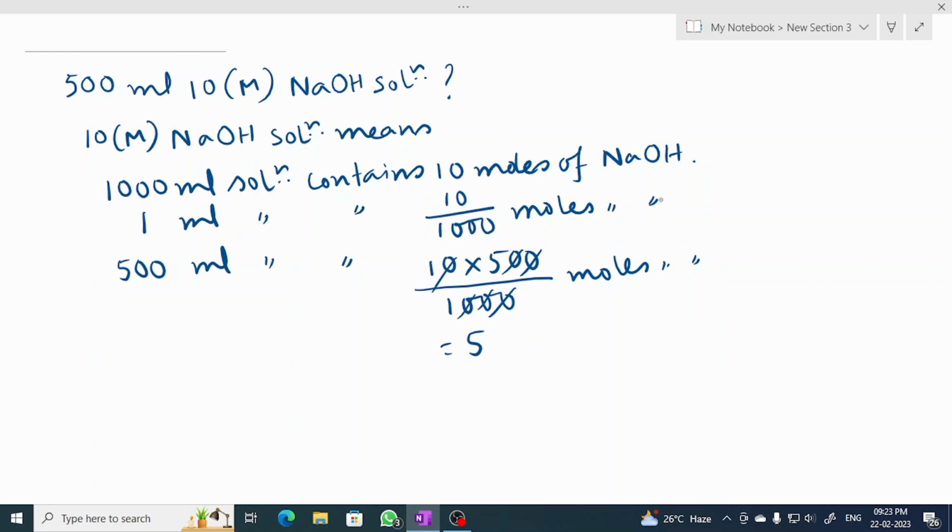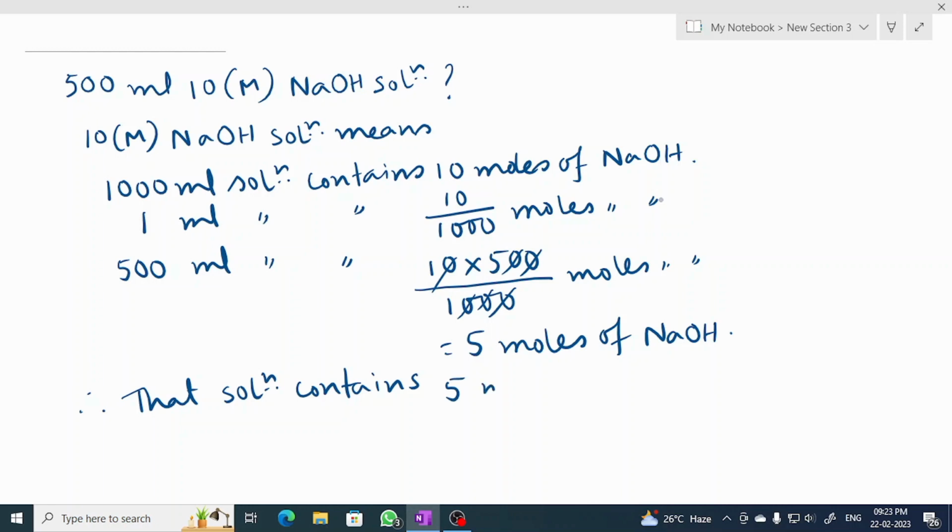So 5 moles of NaOH. Therefore, that solution contains 5 moles of NaOH.